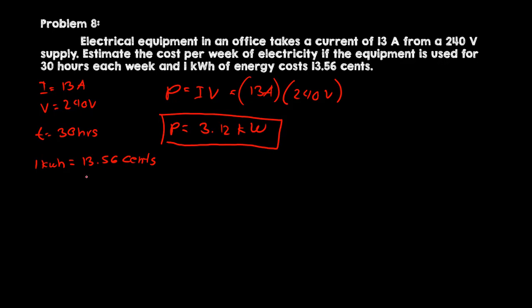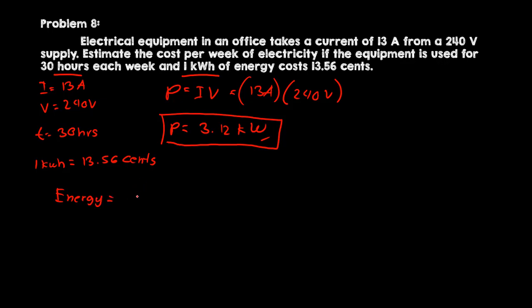And energy used is, since we need to find the energy used in kilowatt hour, the time should be in hours and the unit of power should be in kilowatt. Since our unit of power is in kilowatt, we just need the time to be in hours, which is also in hours now. Okay? So, no conversion needed. So, let's find the energy used.